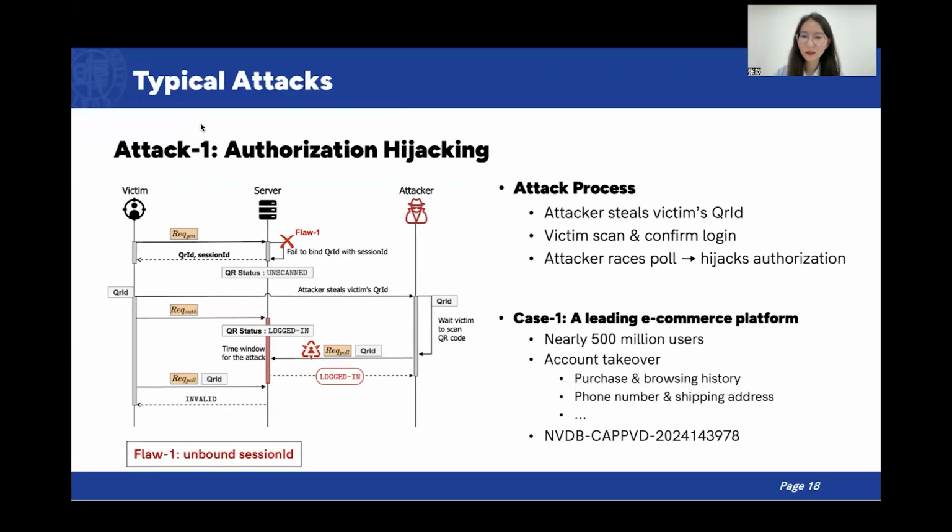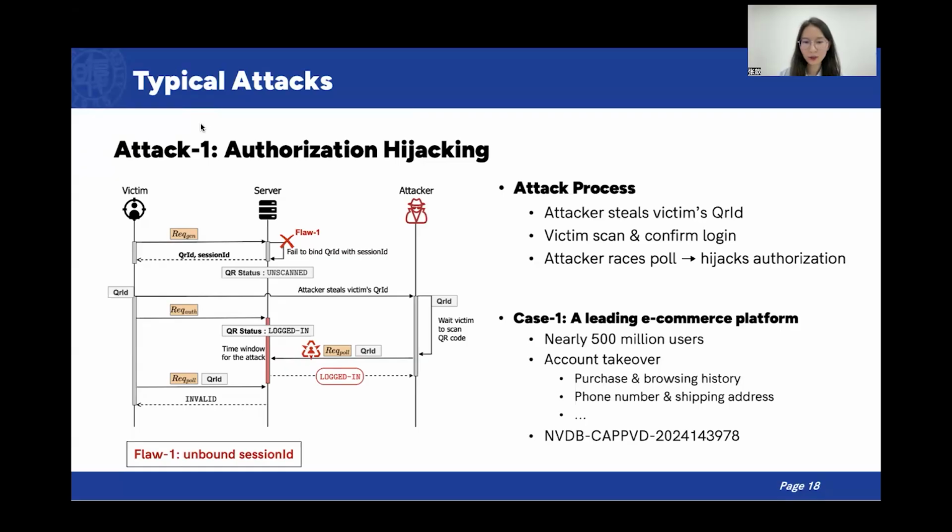Now, let's walk through a few of the attacks we found in the real world. The first is the authorization hijacking, which is the motivating attack mentioned at the beginning. It happens when the QR code isn't bound to the browser session. An attacker who steals the victim's QR ID can poll faster to race against the victim and log in before the victim.